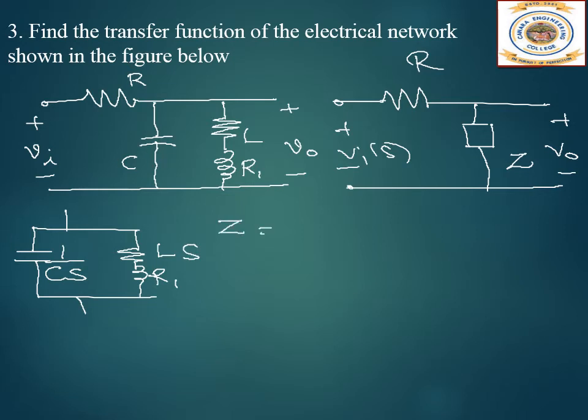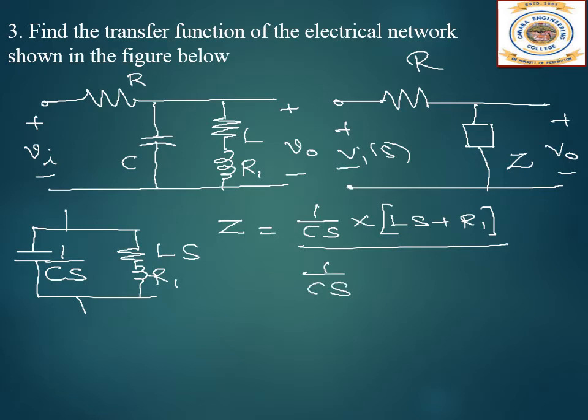Z will be equal to, now the capacitor and this in series combination is parallel with this. So this is 1 by Cs into Ls plus R1, these are series so we can add up, divided by 1 by Cs plus Ls plus R1. So simplifying further, what do we get for Z?